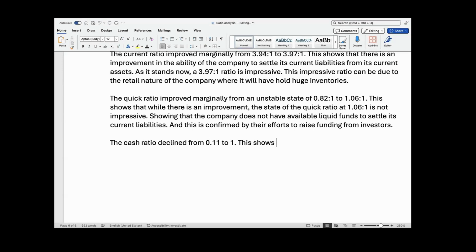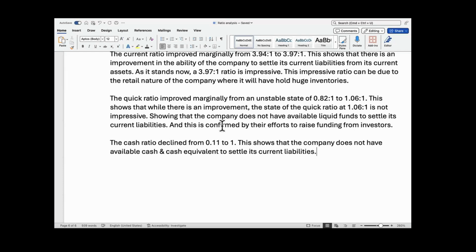This shows that the company does not have available cash and cash equivalents to settle its current liabilities.